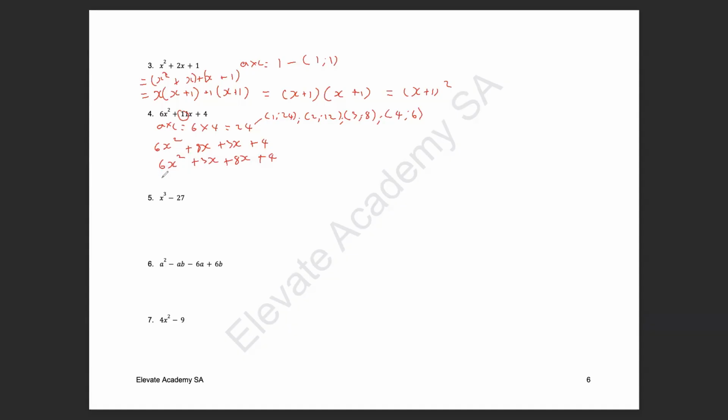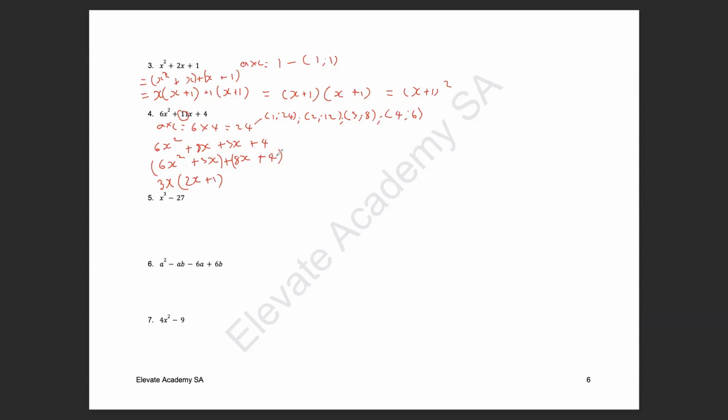So now when we factorize here, we're going to look at the first two terms and these two terms. The common factor between the first two is 3x. When we divide the first term by 3x, our common factor, we get 2x, and the second term by our common factor, plus 1.